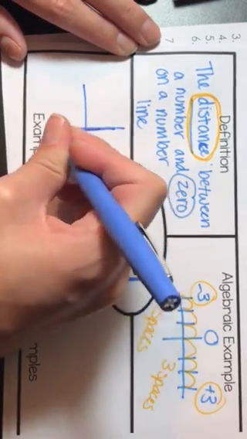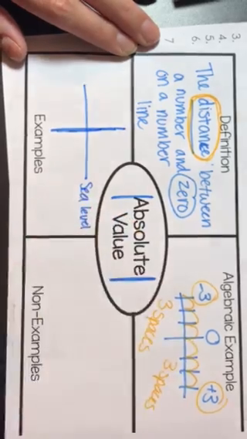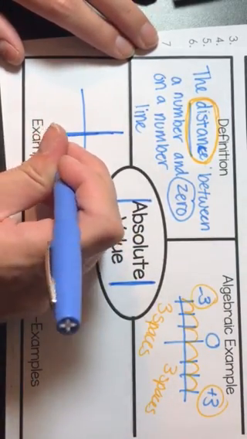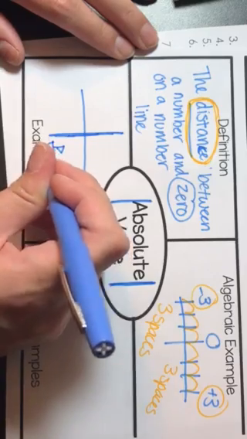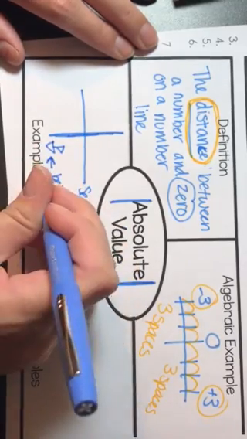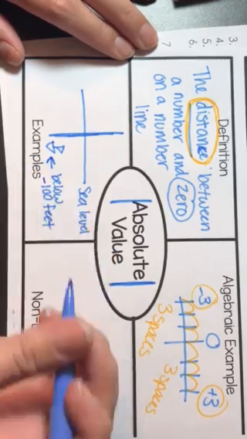Let's do this number line. So here's sea level. There's a sunken ship below 100 feet. If it's below, we know that's negative.